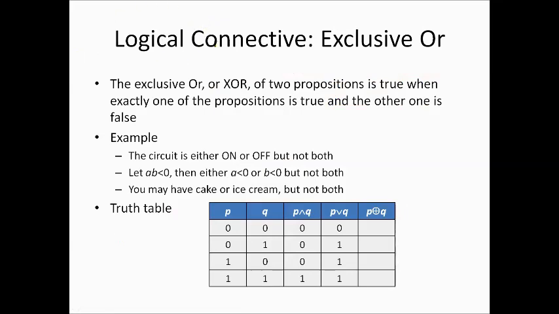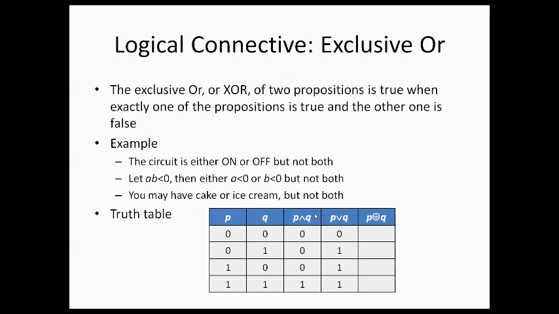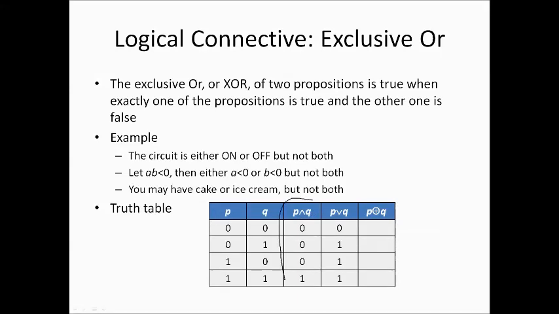Let's construct the truth table using zeros and ones. Let me use my pen again. The exclusive OR, or XOR, of two propositions is true when exactly one of the propositions is true and the other one is false. So again, we have the AND here and the OR here. Now let's solve for the exclusive OR. 0 and 0, what is the result?